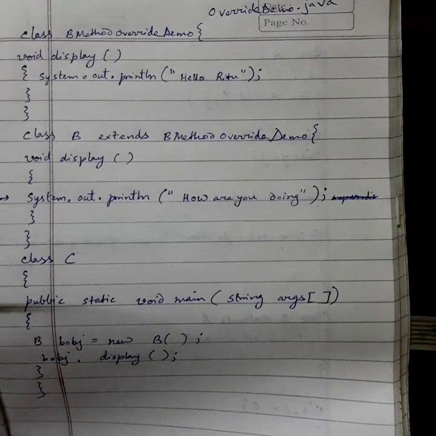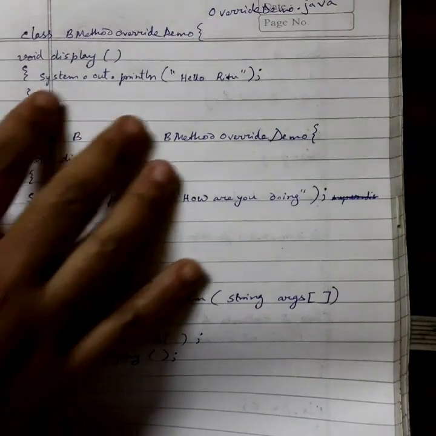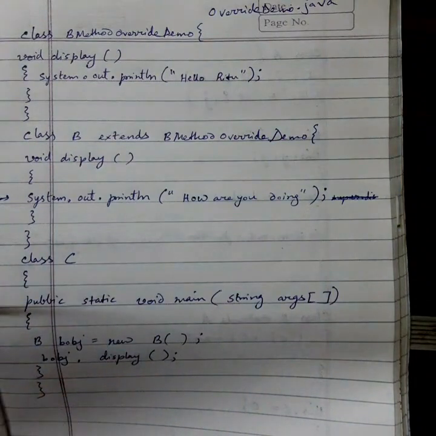BMethodOverrideDemo b equal to new BMethodOverrideDemo, another memory space referred by b, and then b.display, and this will get displayed. That is one way.